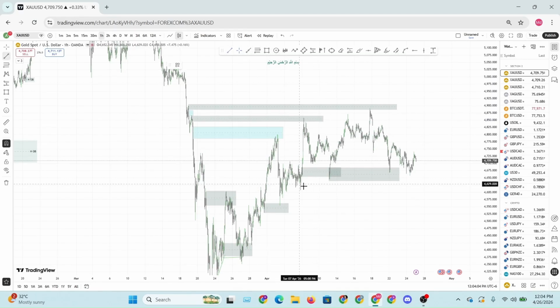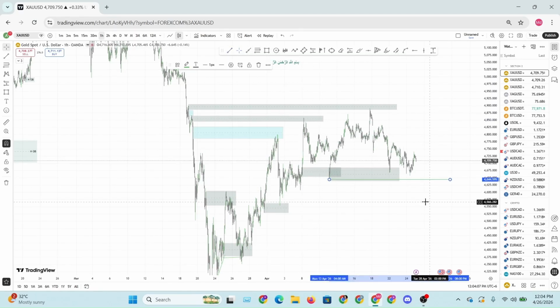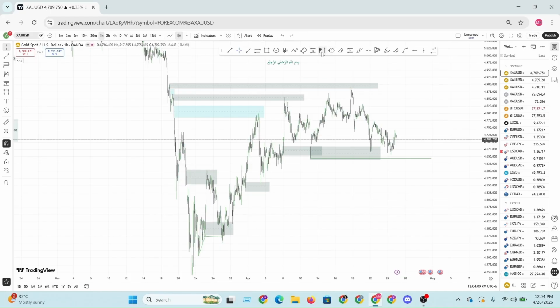If the market breaks this level, we will see the downside.